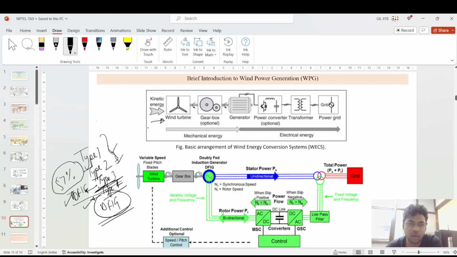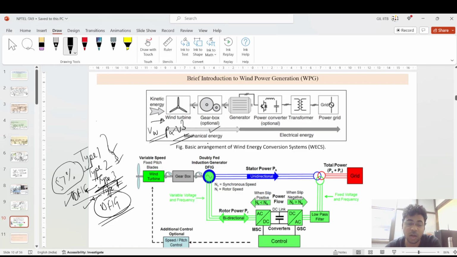So let's go to this brief introduction, that is the arrangement, how the power conversion is there. If you see the wind velocity, the kinetic energy is being utilized for the power conversion, and the power is directly proportional to wind velocity cubed.